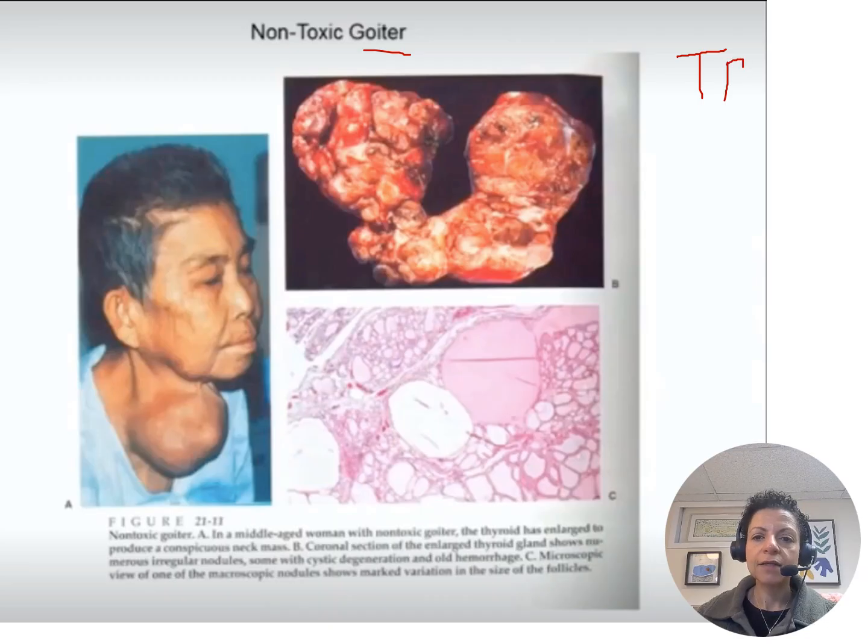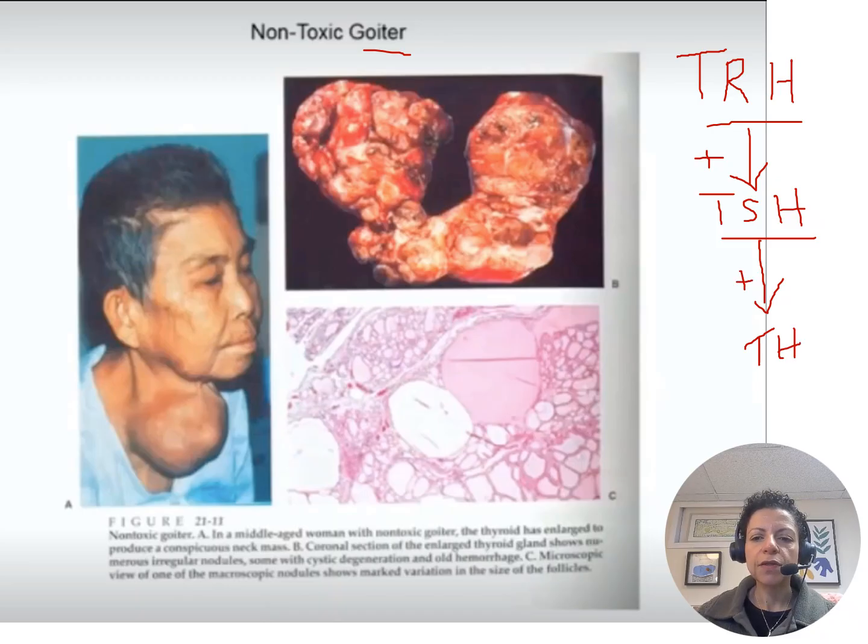So we know that TRH from the hypothalamus is acting on the anterior pituitary to stimulate the production of TSH. Okay, so the anterior pituitary releases TSH. And then TSH acts on the thyroid gland to stimulate the production of thyroid hormone. All right.